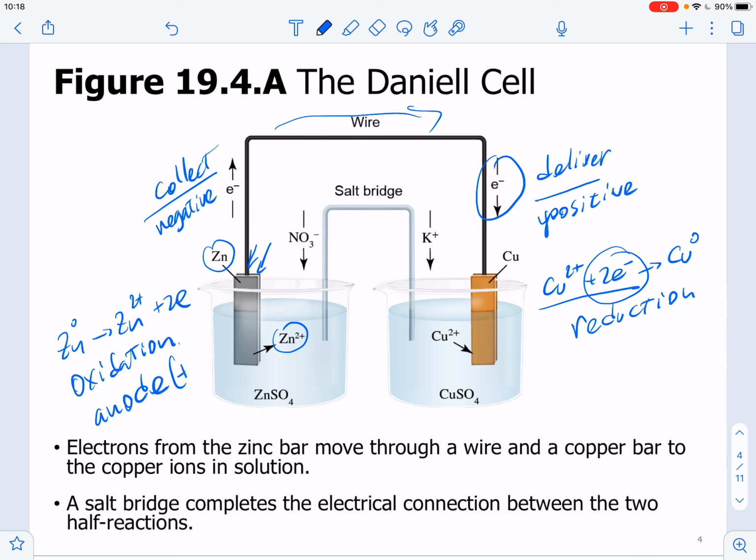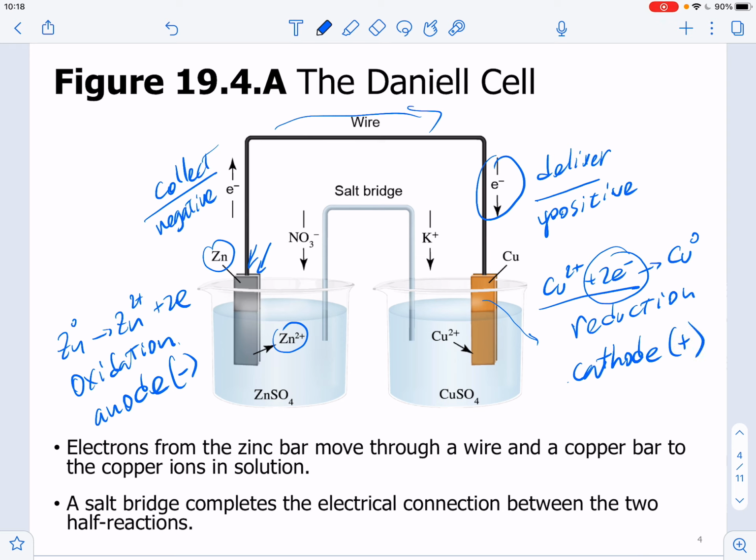Okay, and let's remember that the anode is the one collecting the electrons, so the anode is negative, and the bar that is providing the electrons to the reduction reaction, that is the cathode. And the cathode, because electrons are being consumed there, is electron deficient, so the cathode is positive.